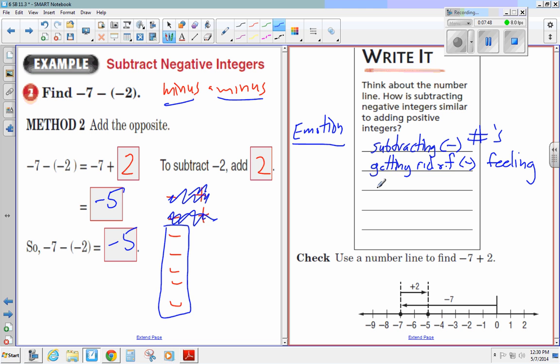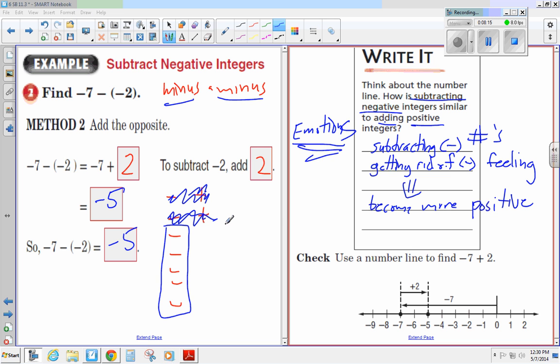When you get rid of negative feelings, you become more positive. So when you are subtracting negative, you are really becoming more positive. So that's how I like to think about it, emotions.